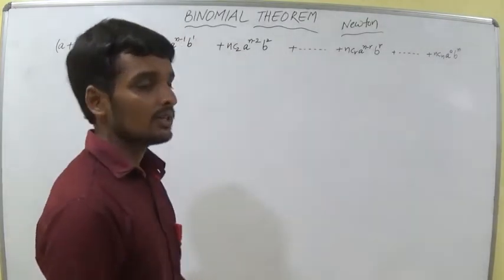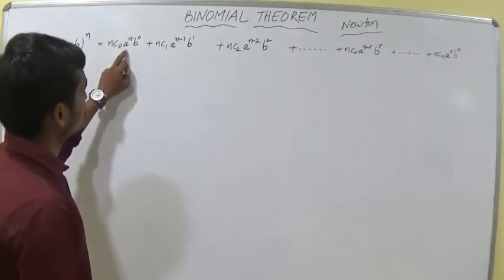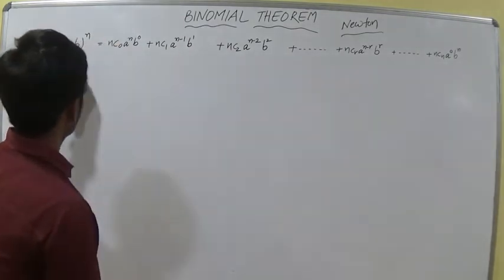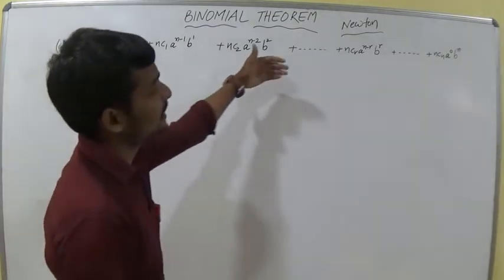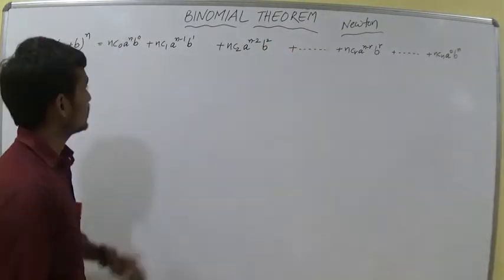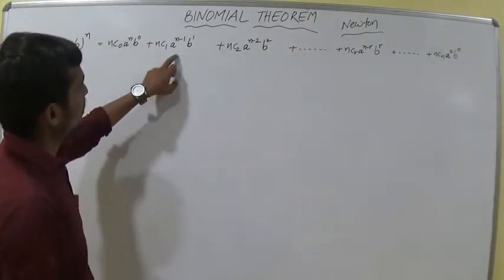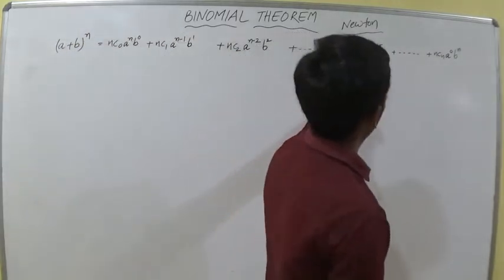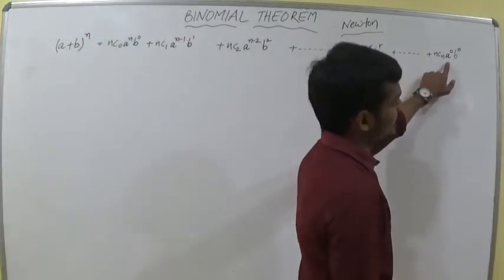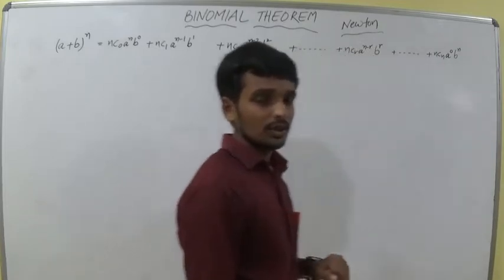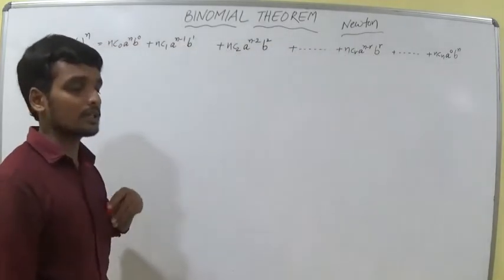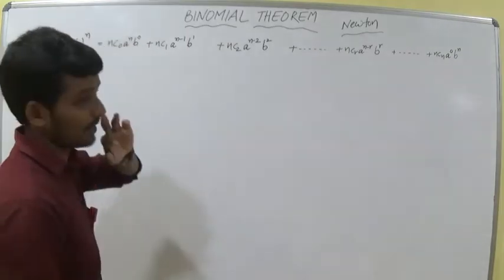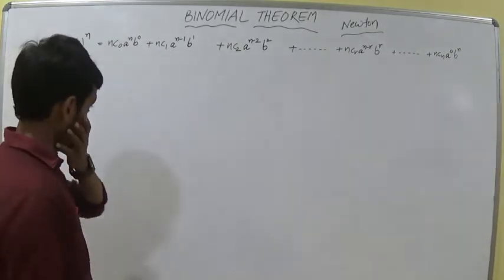We can't write it. So the exponents of the first variable are decreasing and the exponents of the second variable are increasing. That's why a power n, a power n minus 1, a power n minus 2 and so on, a power n minus r, and the last term is a power 0. How is b increasing?